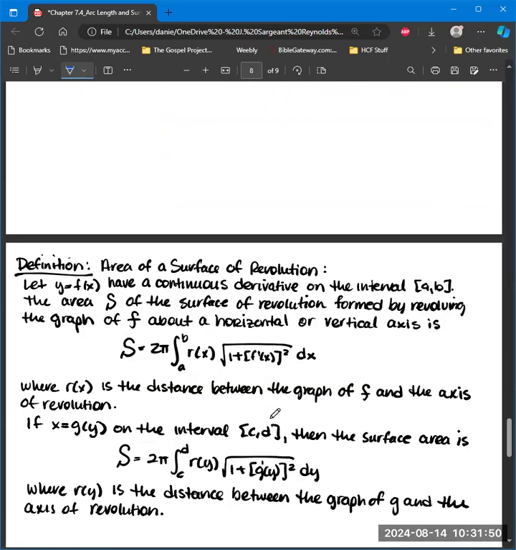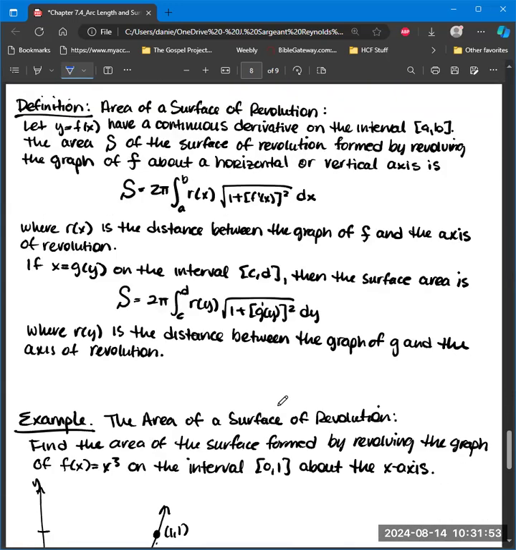So the area of a surface of revolution: let y equal f of x have a continuous derivative on the interval from a to b. The area S, the surface area of the surface of revolution formed by revolving the graph of f about its horizontal or vertical axis, is S equals 2 pi integral a to b of, and then all the things with the x's need to stay on the inside.